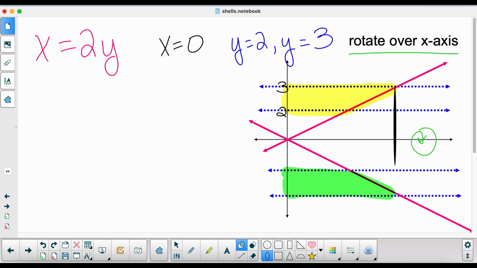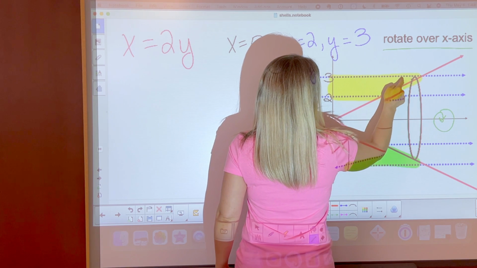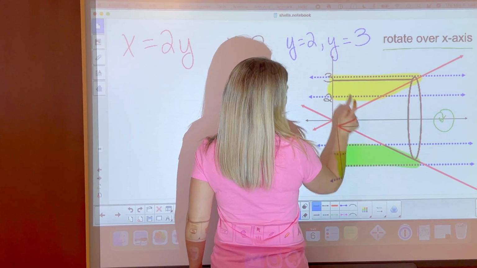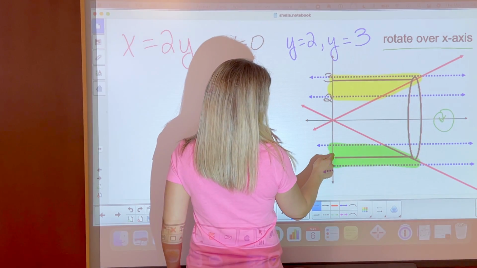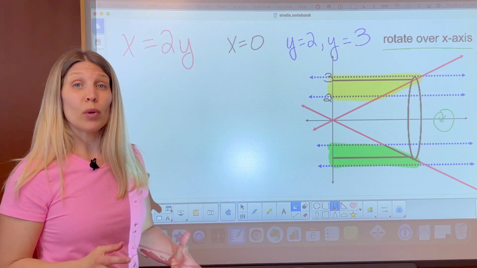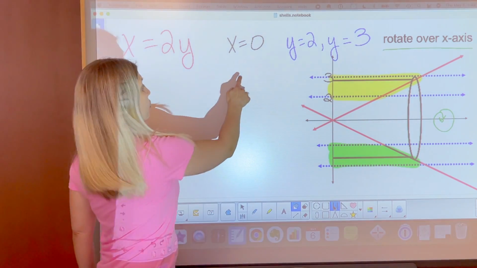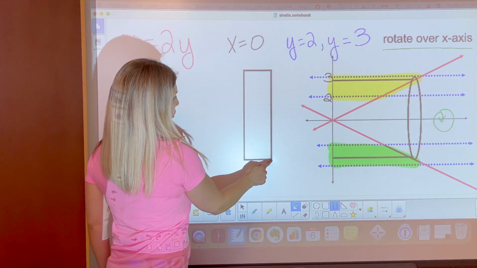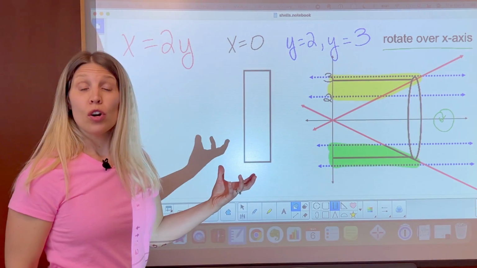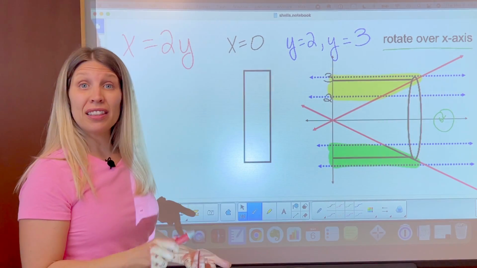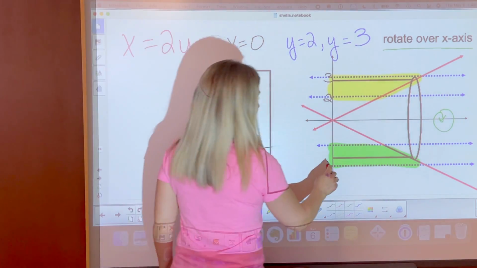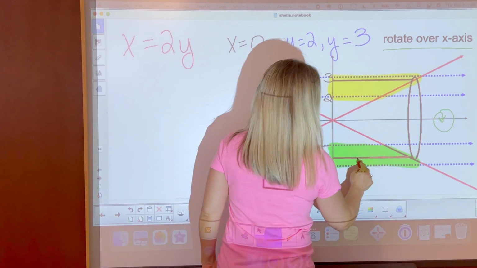So your open circle is going to be here, and then the legs of your shell are going this way. So again, we still have a cylinder, so we're still going to use a rectangle to set up our problem, but this time the base is actually the legs. Right?